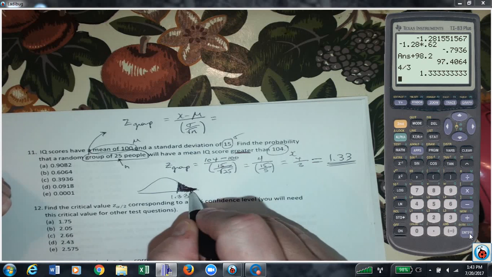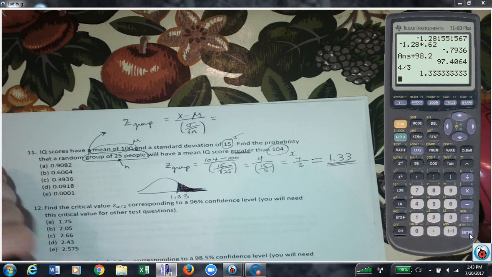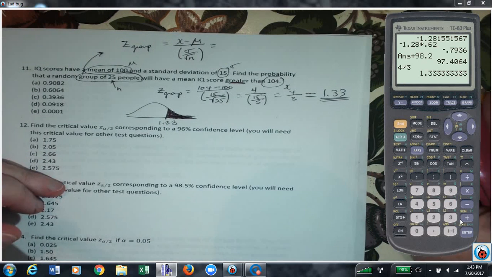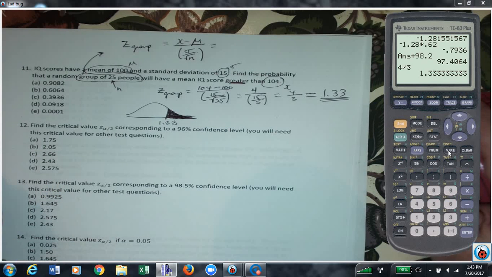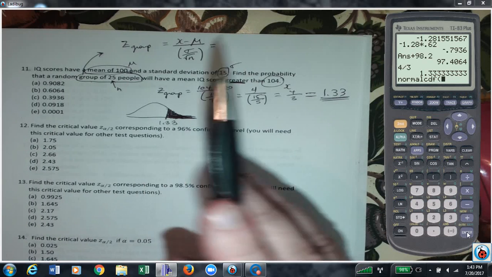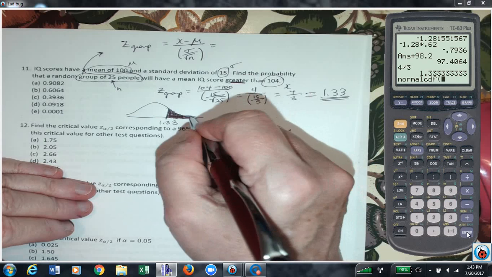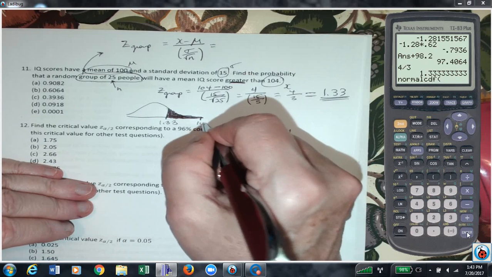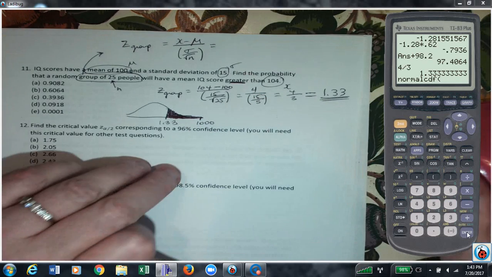So again, I can find out using my calculator what that will be. I can do second vars and come here to the second selection. I want to find this shaded area. I have to tell it left-hand limit and right-hand limit. So I'm dealing with z-scores here. So again, I'm going to have my right limit here to be a z-score of 1,000.